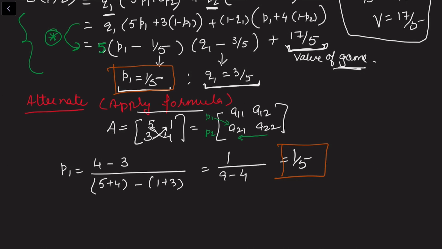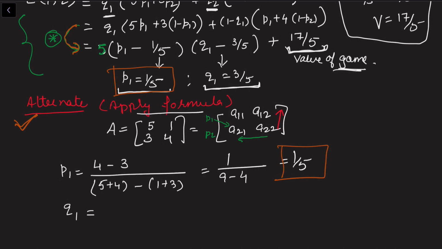So it is better to apply the formula rather than going through the proof steps, because we are going to achieve the same thing. And in this case, to calculate Q1, we have to go vertically upward. So this was from the formula, A22 minus A12. So here I am directly applying the formula. So it is 4 minus 1 upon the same denominator, 5 minus 4, 1 plus 3.